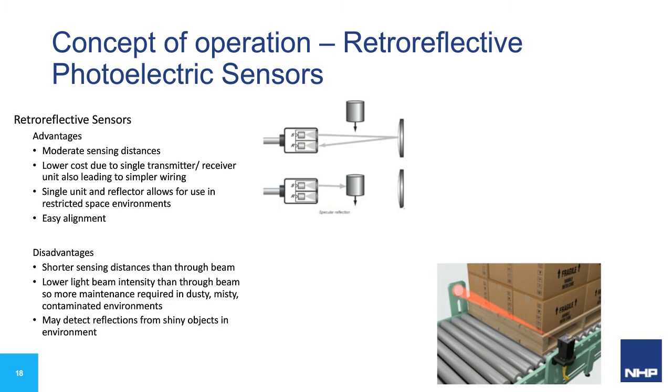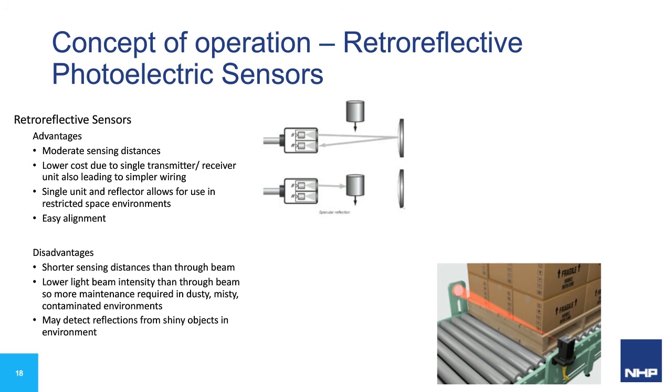Now, the disadvantages, however, are they do have a shorter sensing distance, and that's due to the lower light intensity and the further distance that has to be traveled. Now, lighter beam intensity also means they're less resistant to dust, mist, and other environmental contaminants compared to through beam. And there's the potential to detect reflections of light from shiny objects, which can cause false detections and triggering.